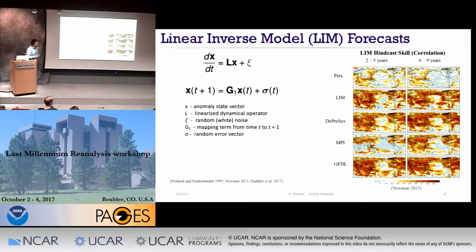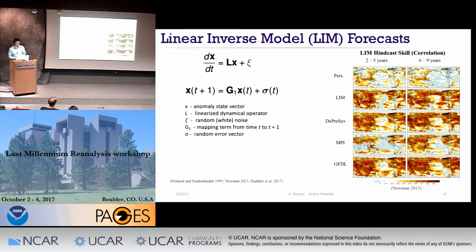These figures on the right show some of the grid point anomaly correlations for those forecasts over that time period. He's comparing the linear inverse model, this row right here, first against a persistence forecast, which was the baseline experiment for skill, but also against much more complicated full GCMs and how they could forecast on these timescales.